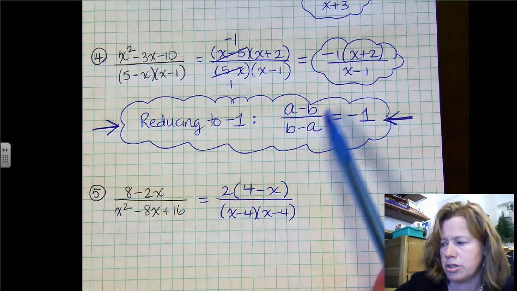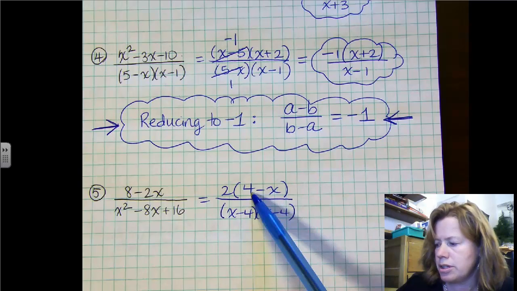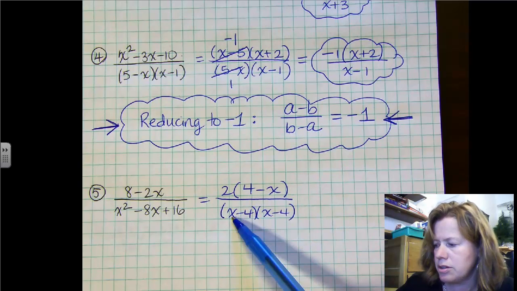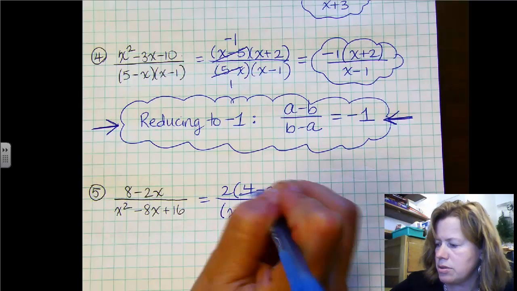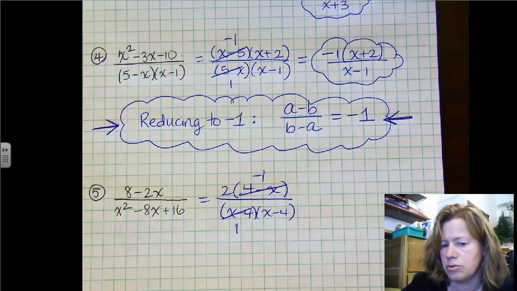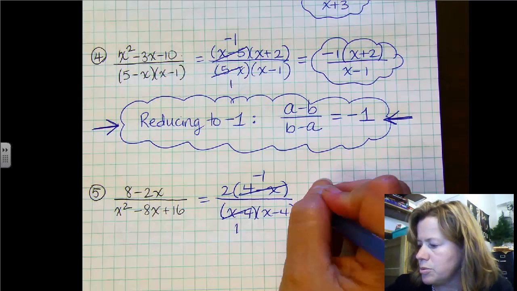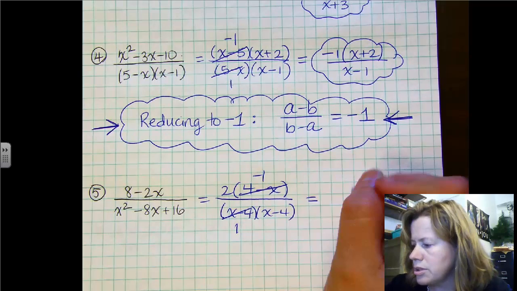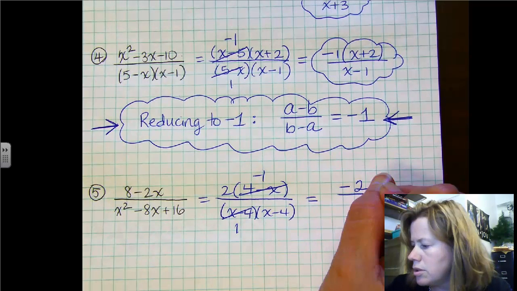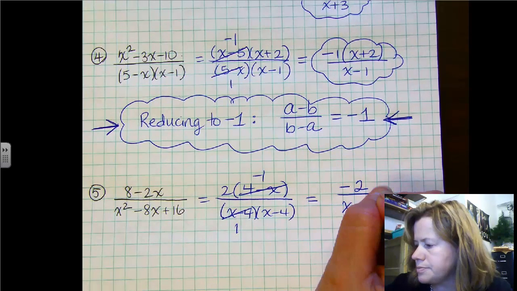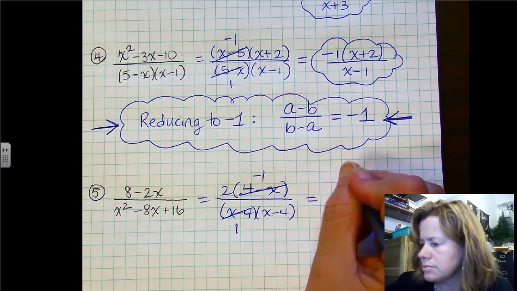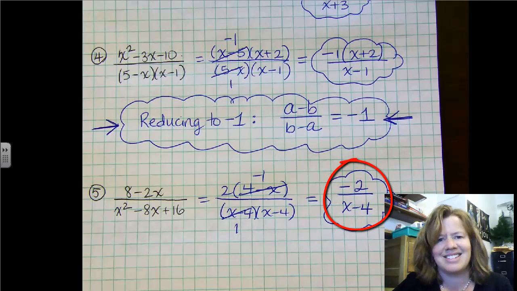Okay, last one. Got that -1 reduction again. I have +4, -x, +x, -4. They reduce to -1 over 1, and I'm left with 2 times -1 or -2 over x minus 4. Okay, that's it. Have a good night.